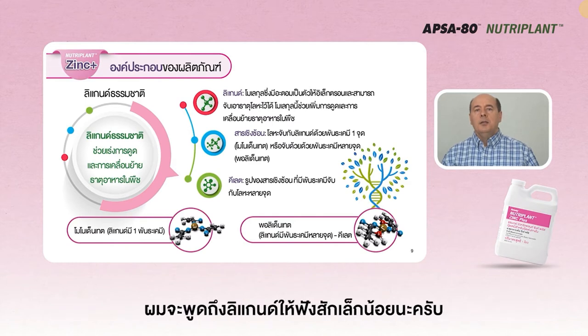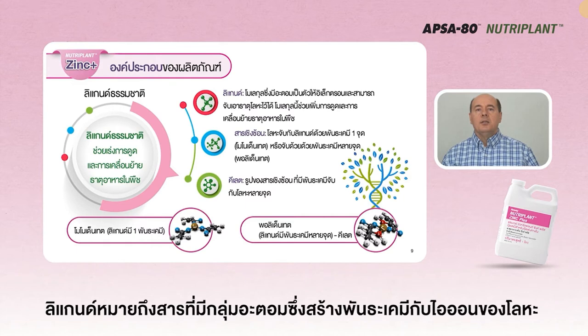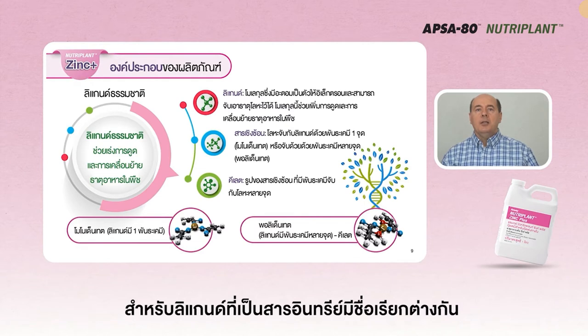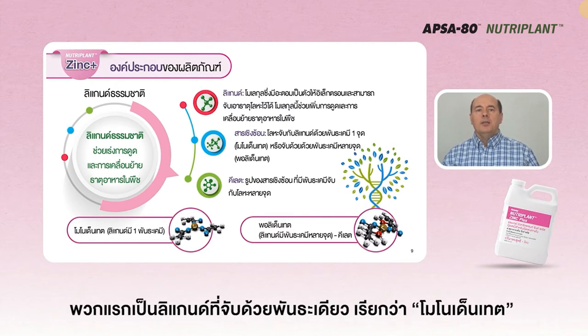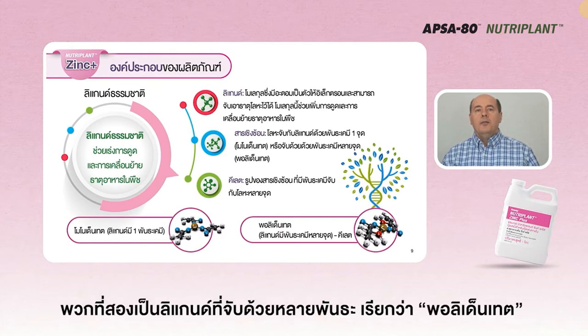I will talk a little more about the ligands. Essentially, ligands donate the atoms and bond together with the minerals. Based on the structure, depending on how many organic ligands we have, we can have a single bond with the mineral and ligand, which is called monodente, or we can have a chelate, which has multiple bonds.